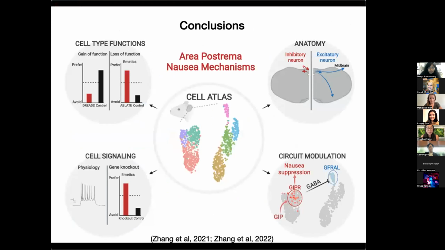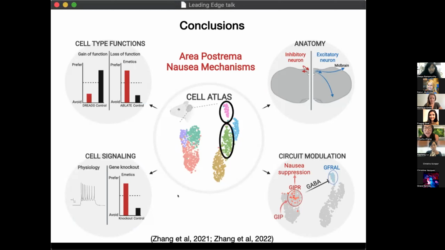So in summary, we established the first cell atlas of the area postrema and probed for nausea mechanisms at the molecular level. We identified two excitatory populations that can directly induce aversion and are required for different toxin-induced visceral malaise. We also identified distinct excitatory and inhibitory circuits in the area postrema.